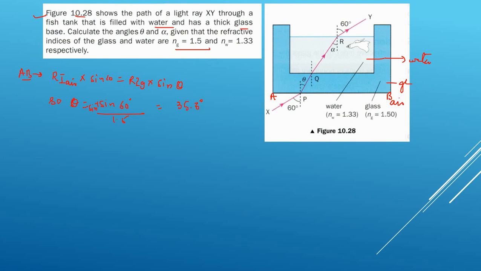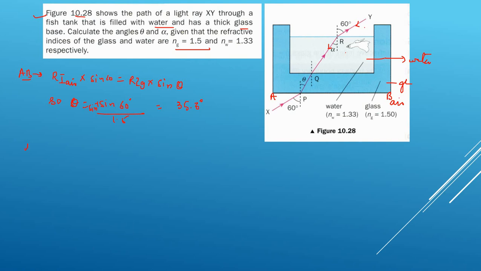Now what is alpha? For alpha, since it is in water, it is easier to follow the reversibility rule: assume the light is incident from the air, it will follow the same pattern. So if light flows from y to r, then the incident angle will be in the air.